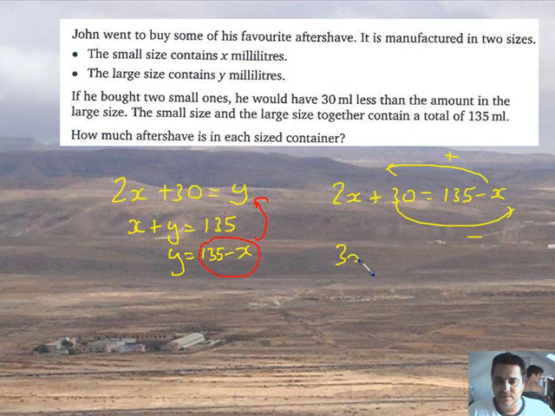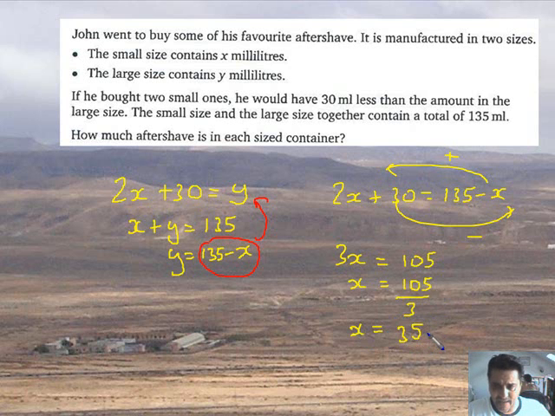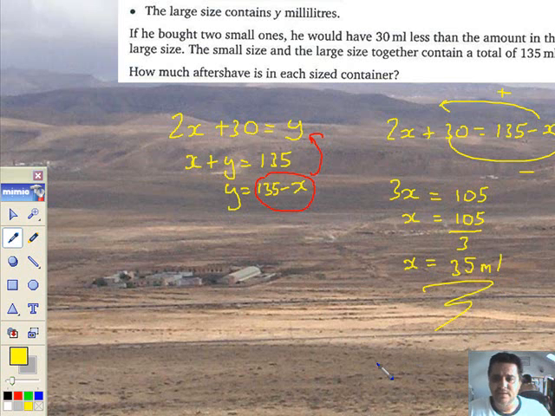Let's just do it. So I've got 3 X's comes to 135, take away 30, 105, and thankfully it divides ever so nicely. So 105 millilitres shared out amongst 3 little bottles. I believe that's 35. Yes, that is 35 millilitres for the little bottle of aftershave. Now what about the big one?